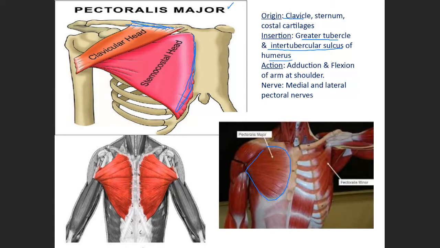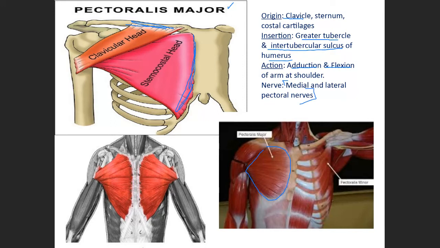So when this one contracts here in the front, what is the action? It's going to assist in shoulder flexion and adduction. So the actions are adduction and flexion, and the nerves are medial and lateral pectoral nerves.